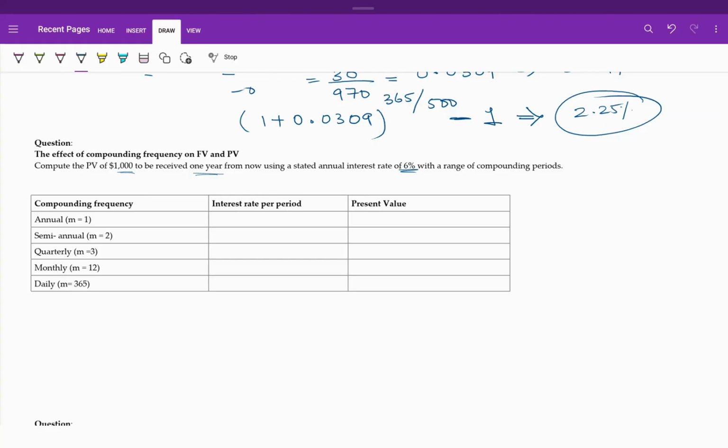Okay, present value is 1000, and what we will be receiving at the rate of 6% when the frequency is 1, when the frequency is 2, when the frequency is... Quarterly means not 3 but 4. It's incorrect here. It should be 4.